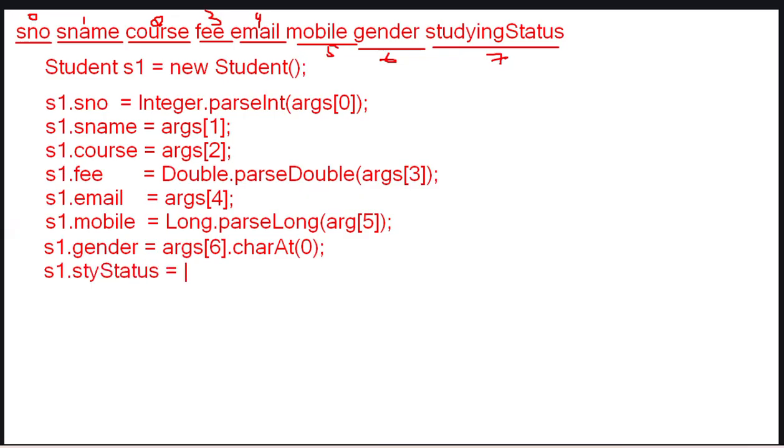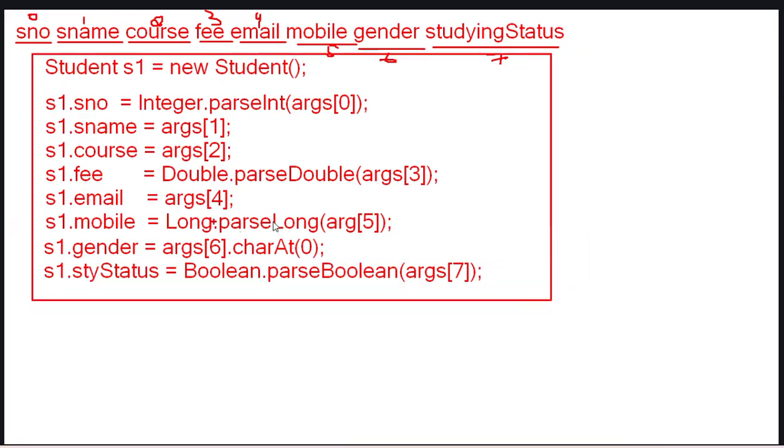What do you write? True, false. True, false means what? Boolean dot parseBoolean of, what do you pass? args of 7. This is the student object reading dynamic program.